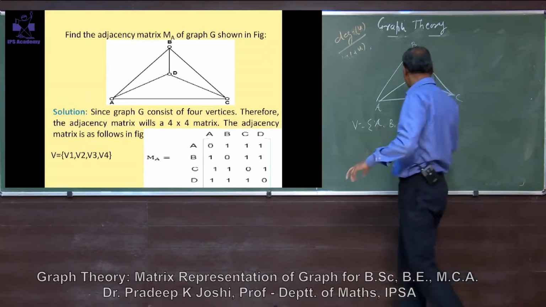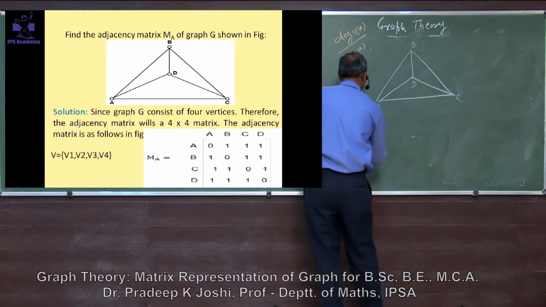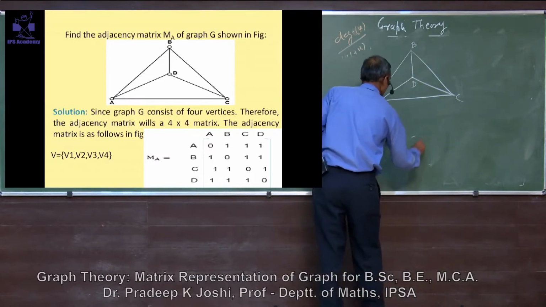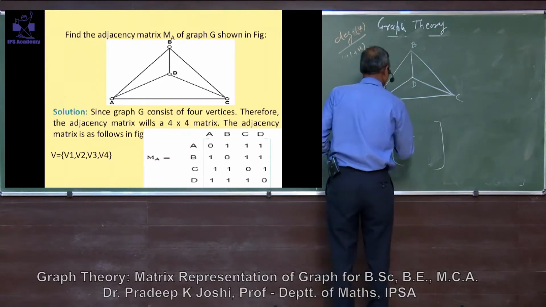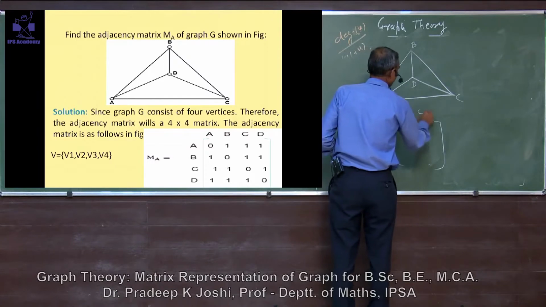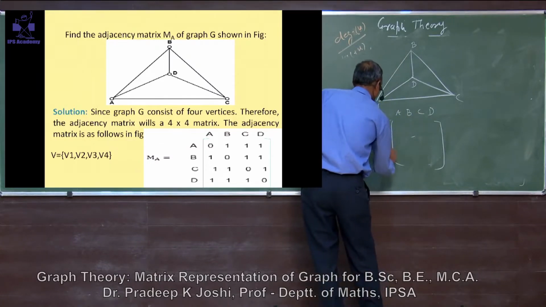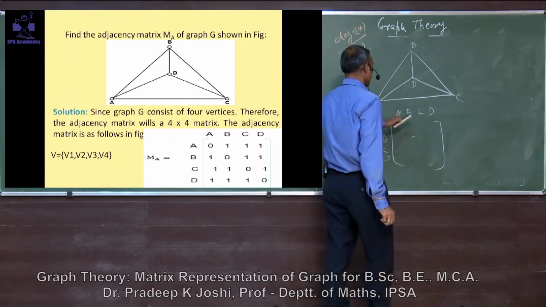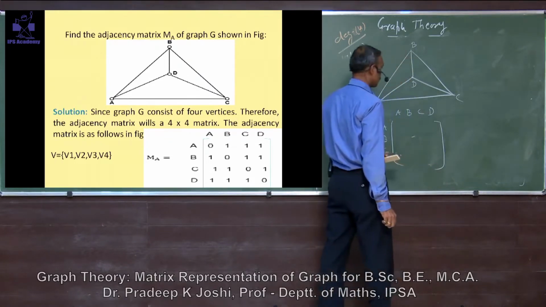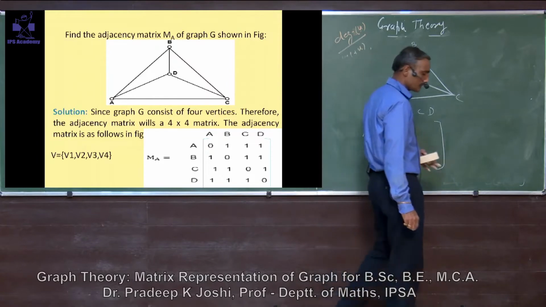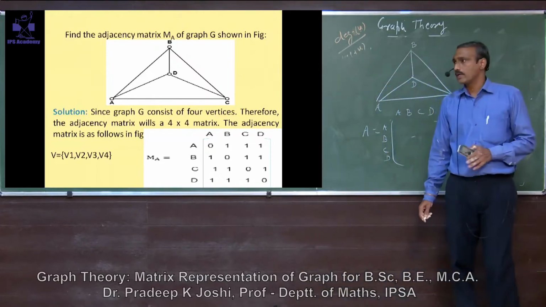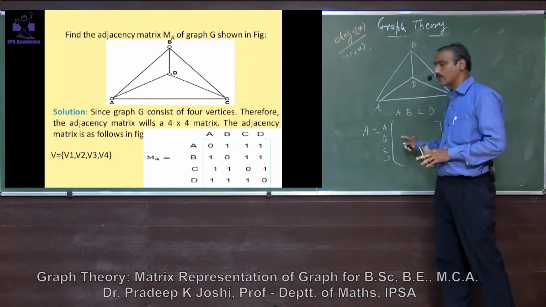Now, how do we find the adjacency matrix for this one? Here the columns represent vertices and the rows also represent vertices. If they are adjacent, then put 1, otherwise 0.